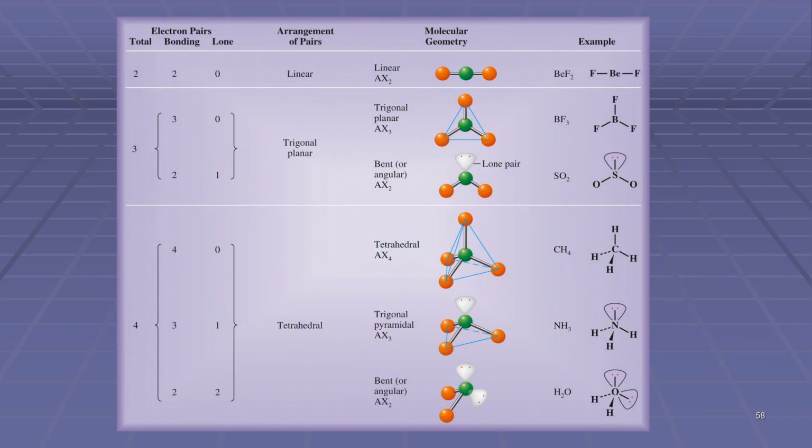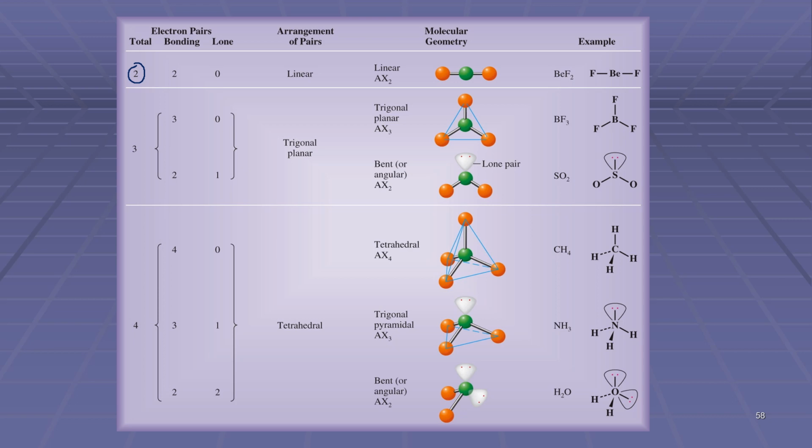So here are some examples. Linear, again, is pretty easy because it's got 2 bonds, and that's it. Now, if you have a total of 2 electron pairs, both of them are going to be bonding, and it's going to be linear. If you had any unshared pair, that would mean you only have 2 atoms, and of course that would stay linear as well.